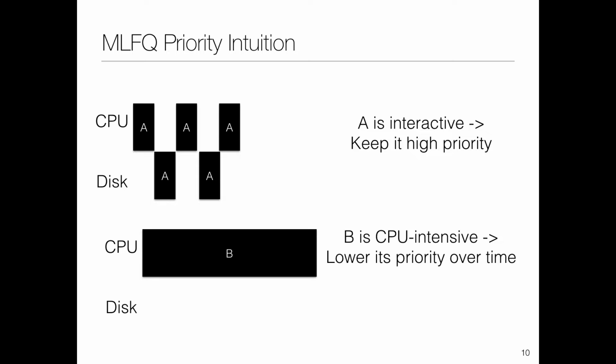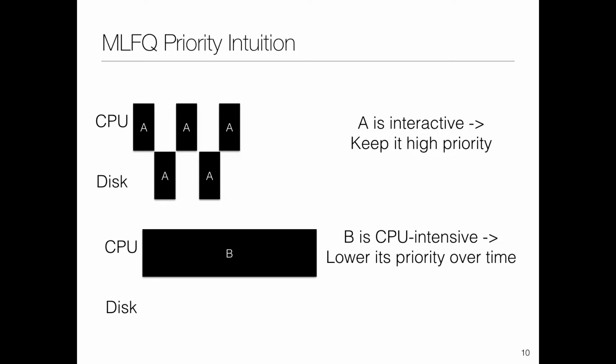So it relinquishes the CPU very often. We want to keep its priority high, because if it's not high, the response time will suffer. So we want A to be executing very often on the CPU. So if A is interactive, we keep its priority high. Because it's interactive, it doesn't use the CPU for the entire duration. So this is something we need to keep in mind.